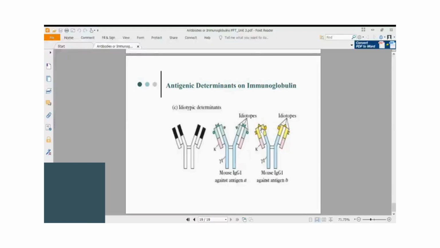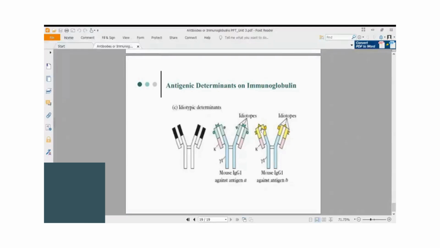So for a given antibody of a particular class, I had told you that IgG is the predominant antibody produced in large quantities against any antigen. And I had said that a particular pathogen can have more than one antigenic determinant.